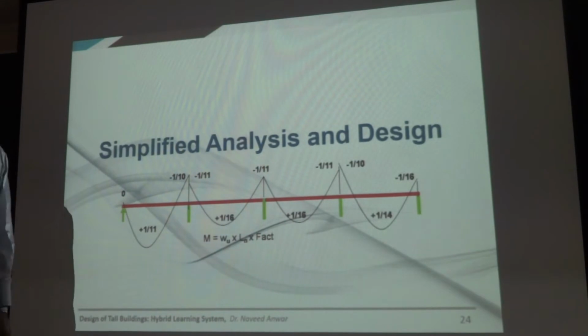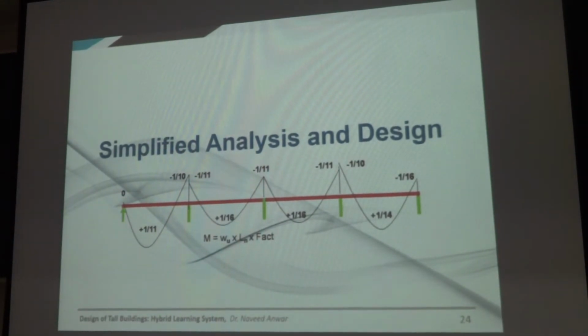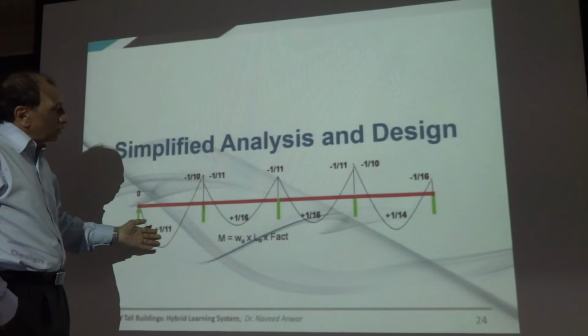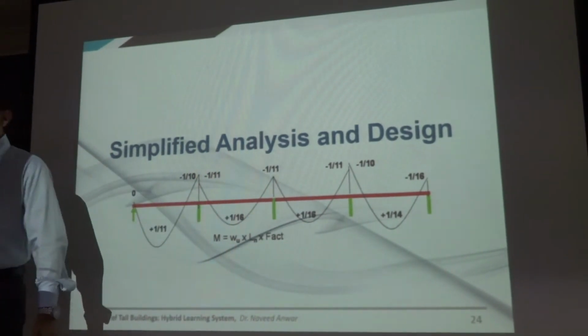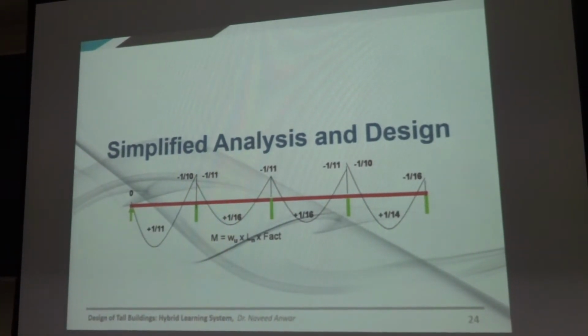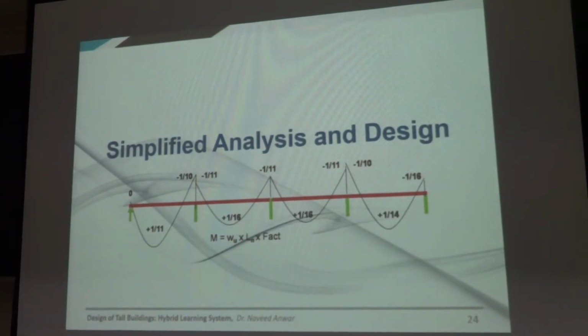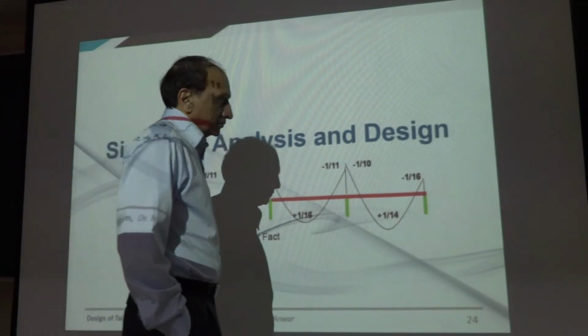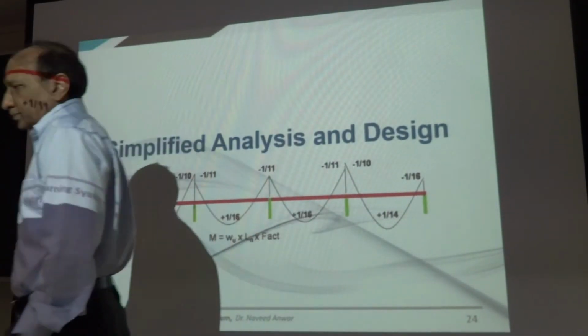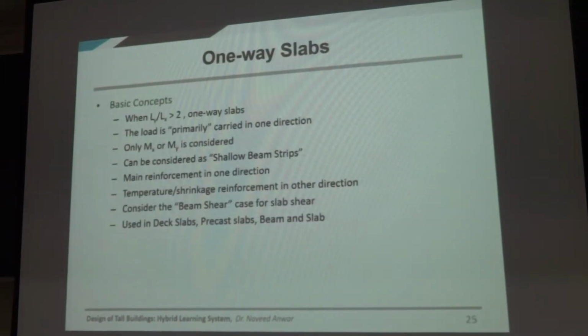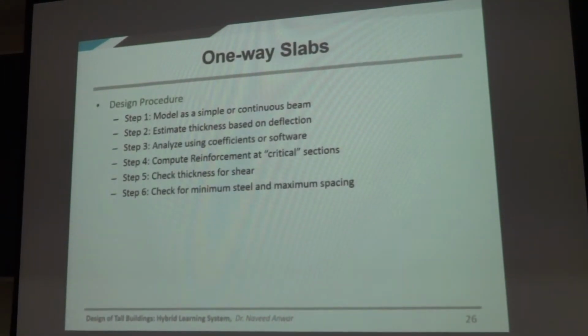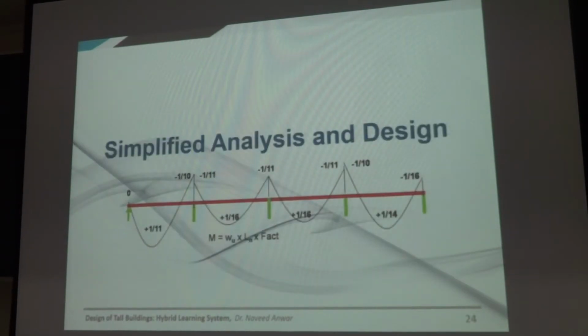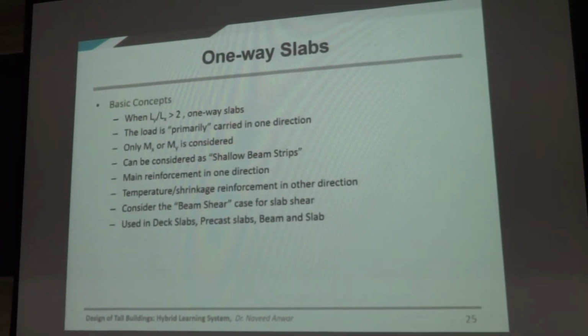Simplified analysis and design of beams. If beams were to act as beams, you can calculate the bending moments from that using the simplified coefficients developed by the codes. Interesting observation here. So you can use this concept of simplified analysis and design for one-way slabs.